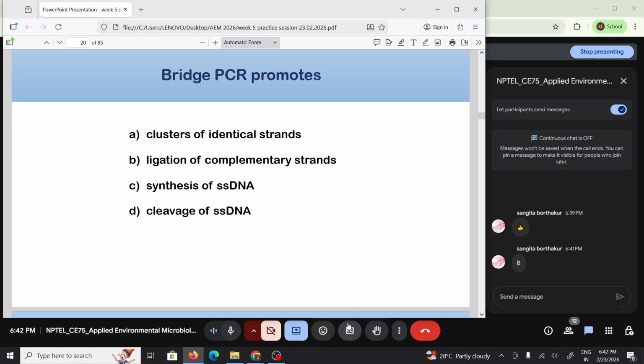The next question is about bridge PCR. Which of the following does bridge PCR promote?